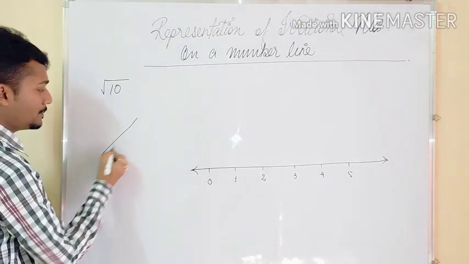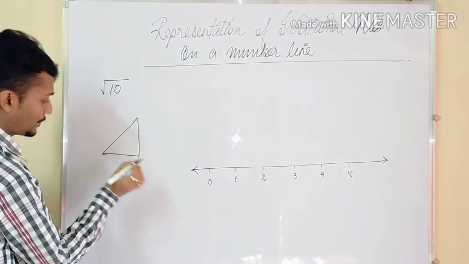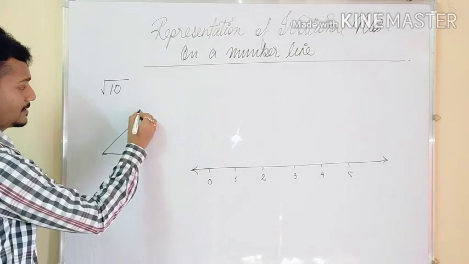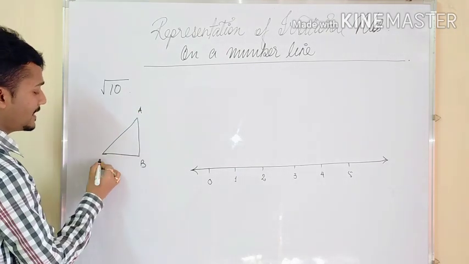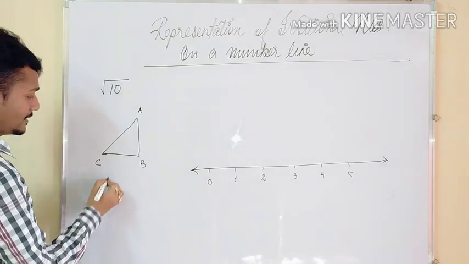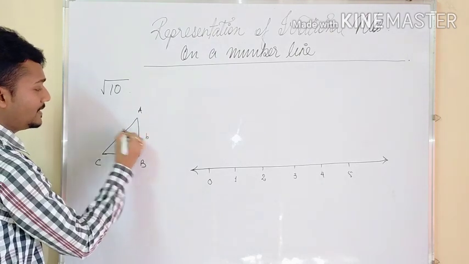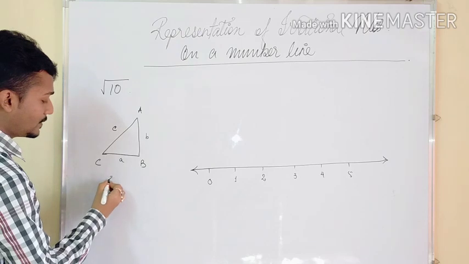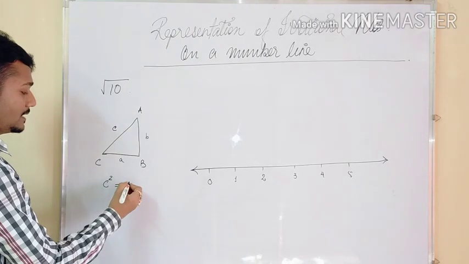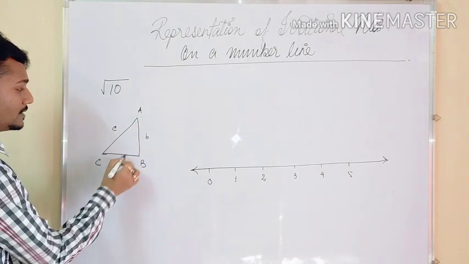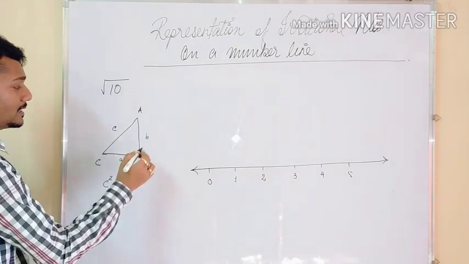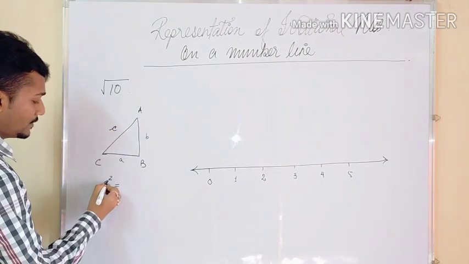Do you remember the Pythagoras theorem? Yes, you remember. What does it say? That if I mark the sides to be a, b and C, then C square, that is hypotenuse square, is equal to, I am using small letter and capital letter, both are different.